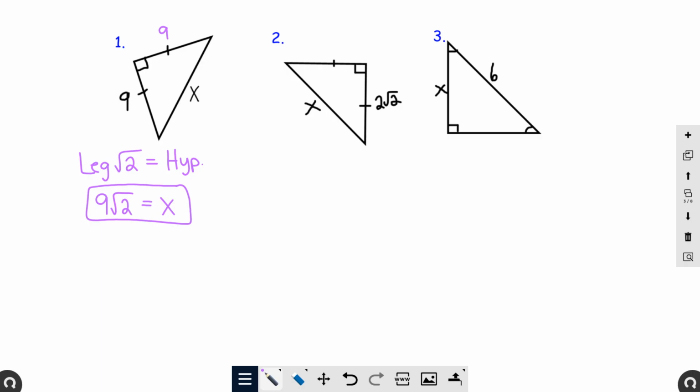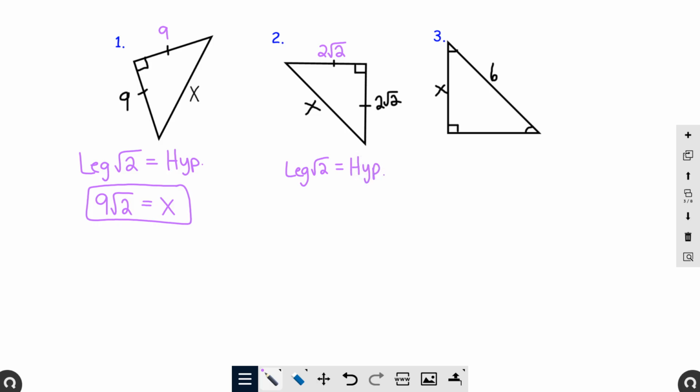Now, problem 2. Is it an isosceles right triangle? Yes. I have the two sides are equal, so this one also must be 2 square root of 2. And then I use my shortcut. Leg times the square root of 2 equals the hypotenuse.